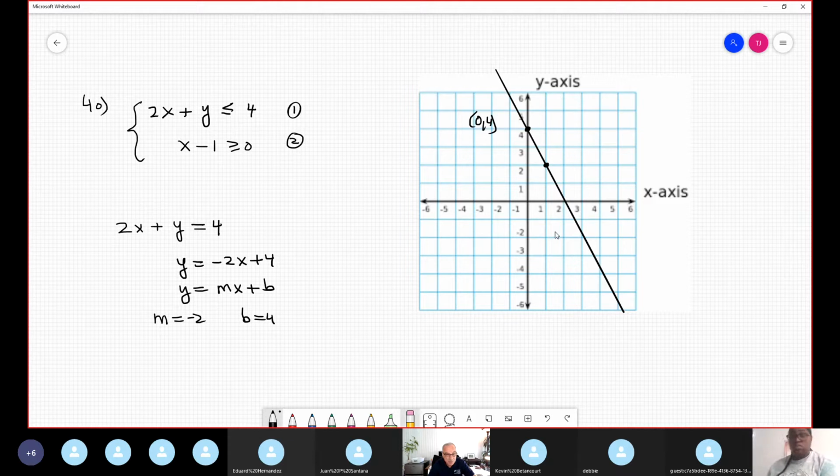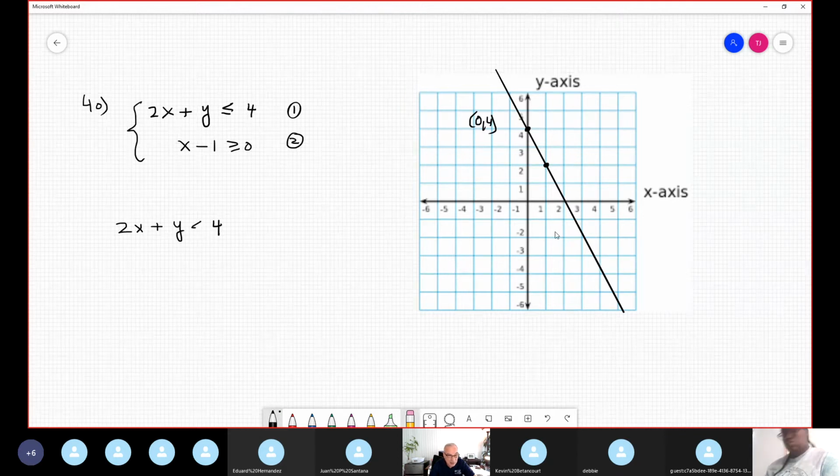How do you know that? Easy. There are different ways. One way is, again, isolate the y here. This is the line part. Now I copy exactly the same, but using the less than or equal exactly like the original.